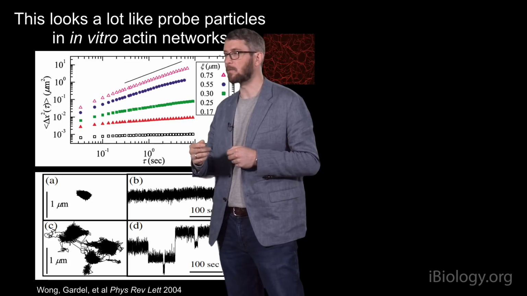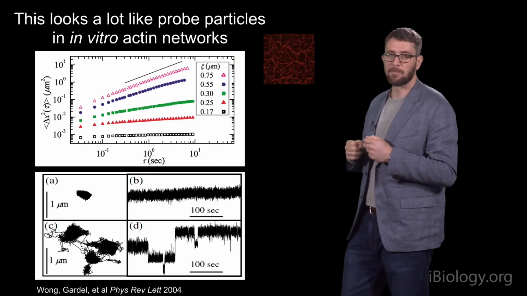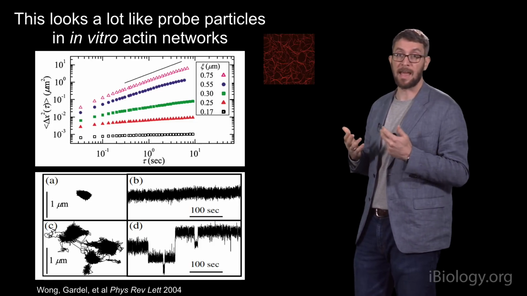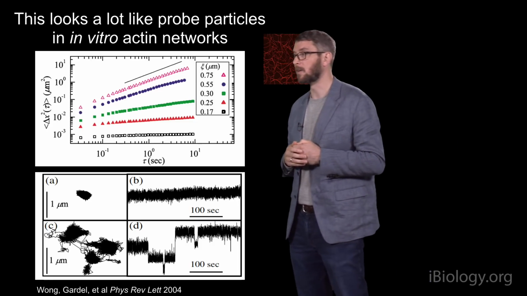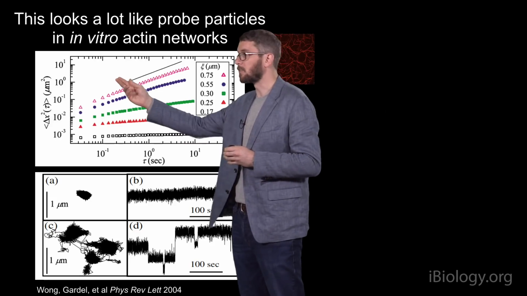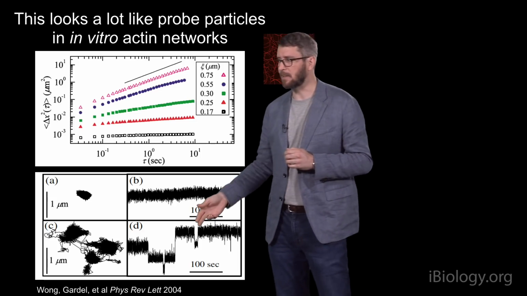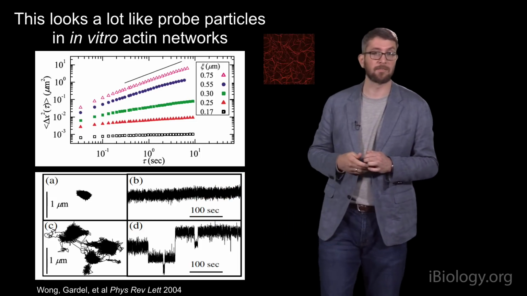You can see here in this black curve on the bottom. And if the particles are much smaller than the average mesh size of the network, then you have something that looks like diffusive motion, as you can see in this top curve. We also see in these data the intermittency of hopping between the different states.